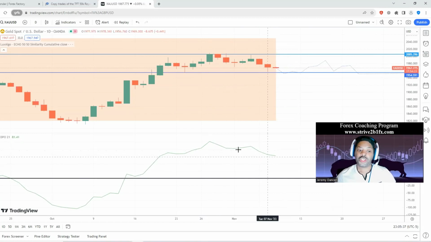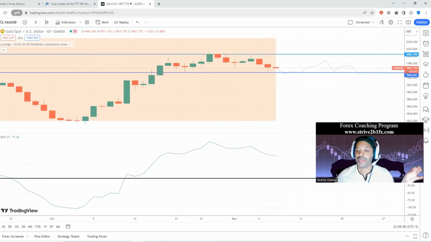We see this change of character right here. So there might be a little bit of a pullback, but more likely gold is going to continue down a strong downtrend, and we should see a big correction because gold is way too high right now.